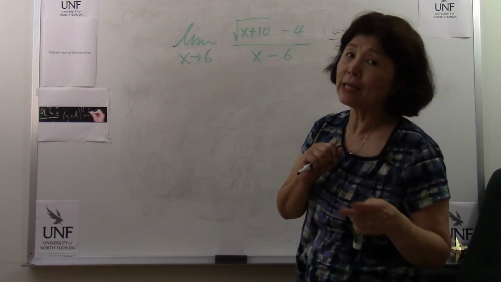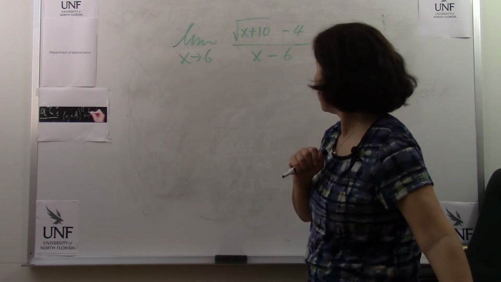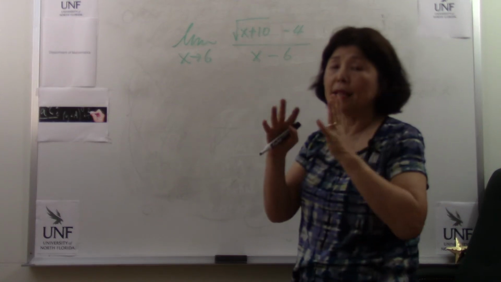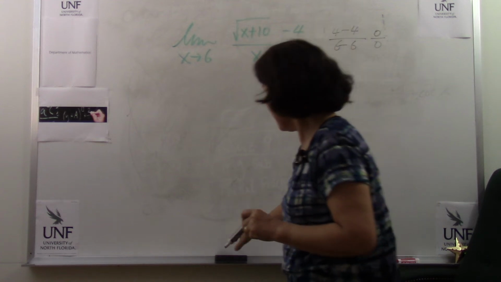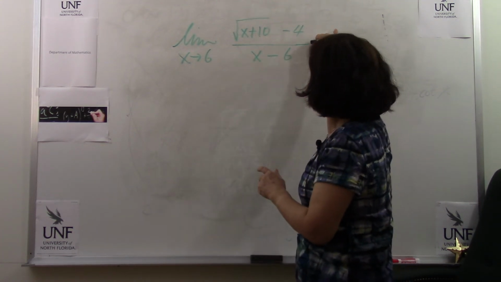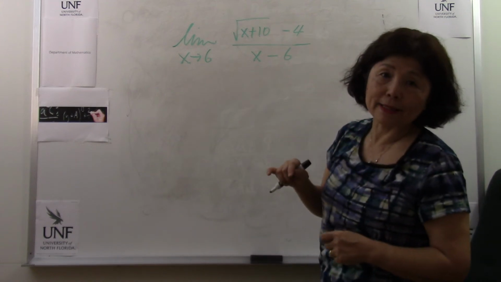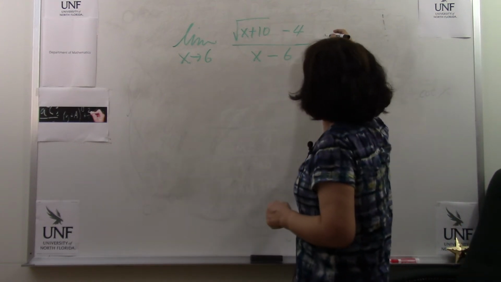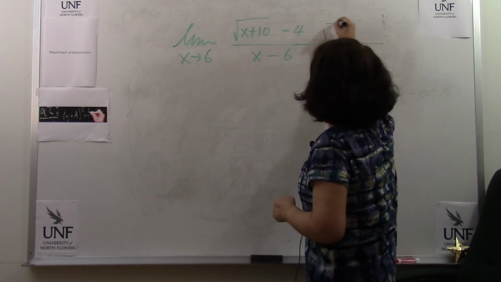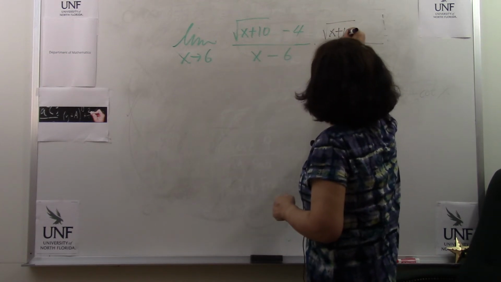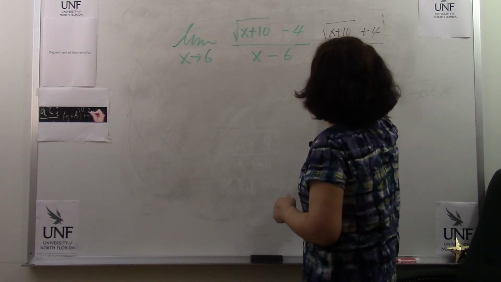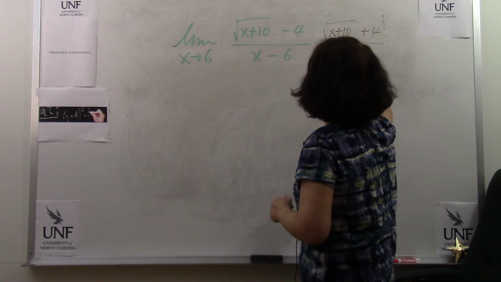In Calculus 1 class, the way you learned is, we are going to overcome this within algebra, meaning we are going to rationalize this. So we multiply by the conjugate, square root of x plus 10 plus 4, in the numerator and the denominator.